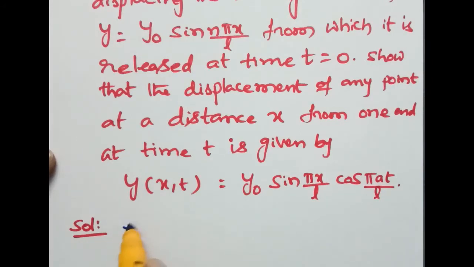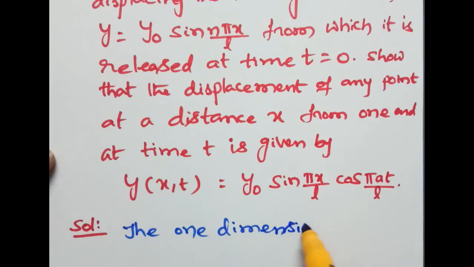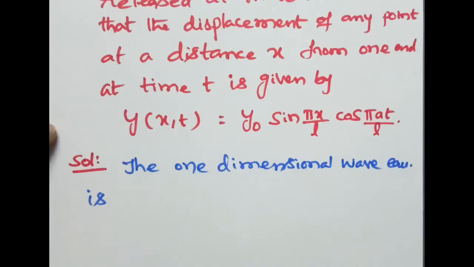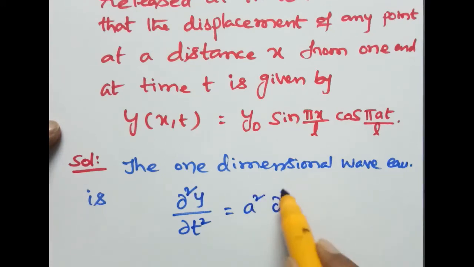The one-dimensional wave equation is dou square y by dou t square equal to a square into dou square y by dou x square.